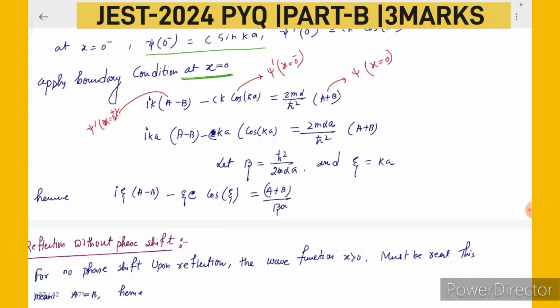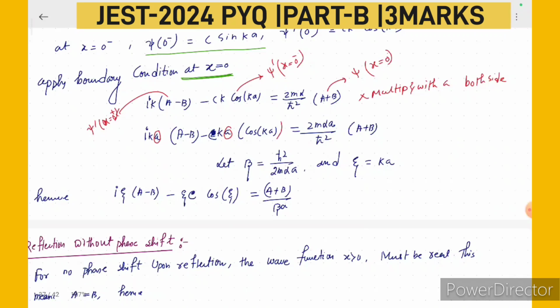Now multiply both sides by a. So ika(A minus B) minus Cka cos ka equals 2m alpha a upon h cut squared times (A plus B).